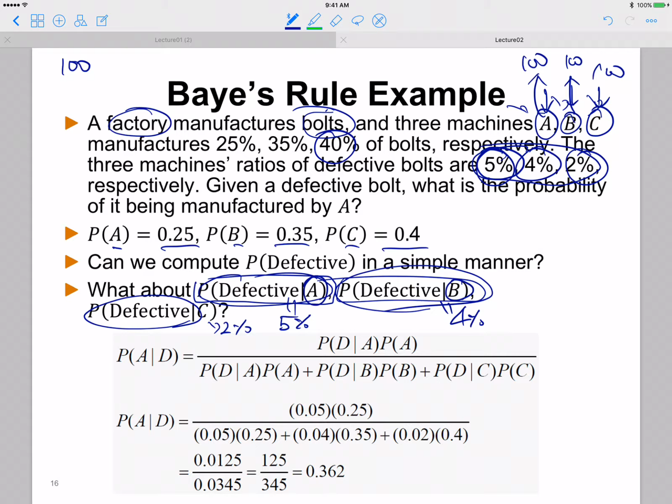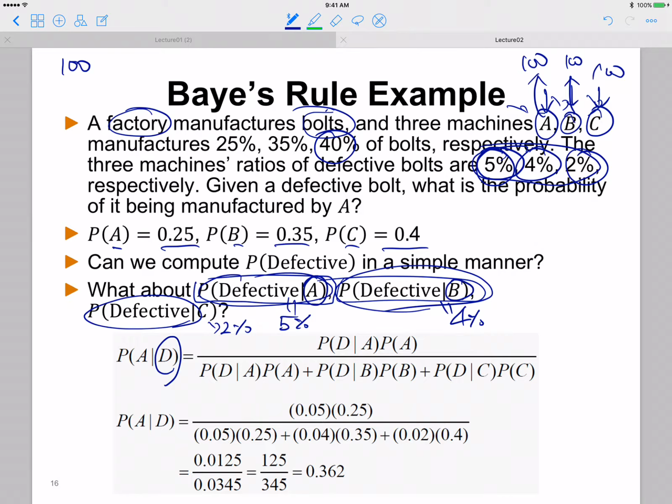And then the situation that we want to consider is the situation where we reverse the order. This is the defective bolt and also the different manufacturing machines. So we are interested in the event of seeing the defective bolt.